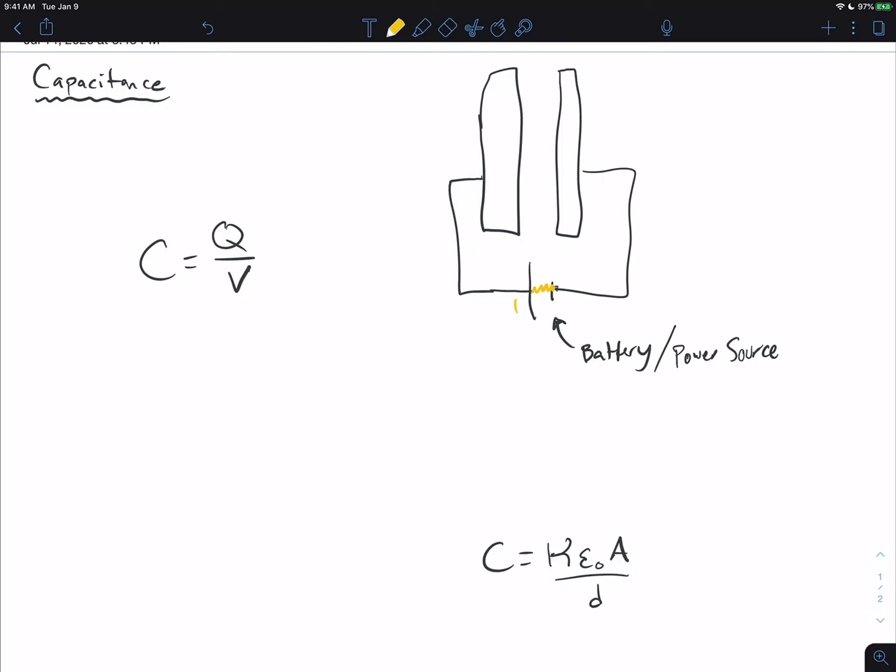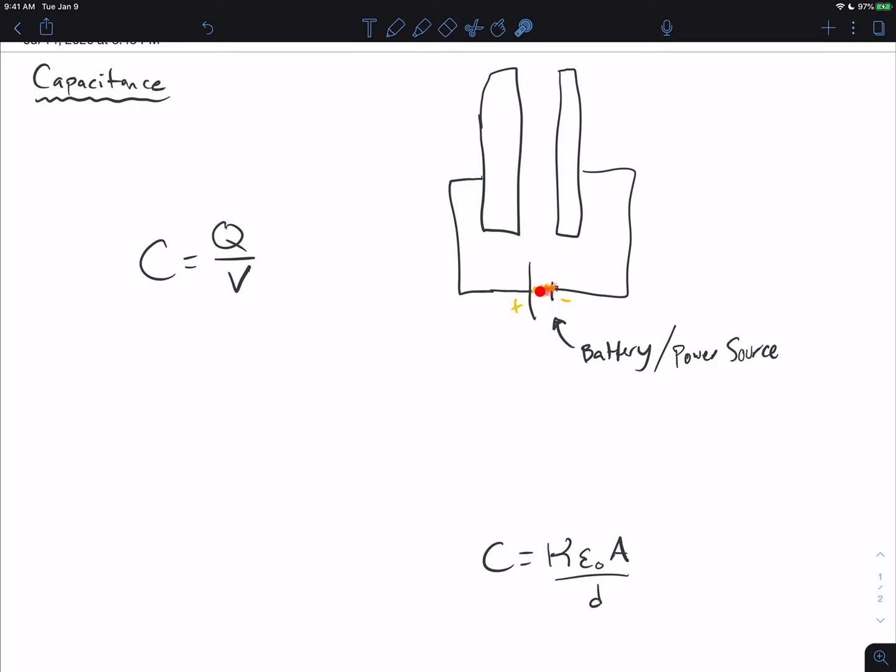If we say one side is positive and one side is negative, my electrons are going to want to flow through. If this was a fully connected circuit, they would want to flow from the negative side to the positive side, and they would want to equalize this and make it zero, right? But right here, there's a gap. They cannot do this right now, right?